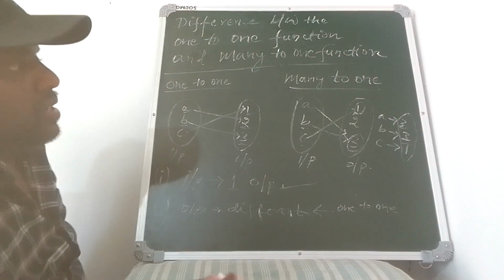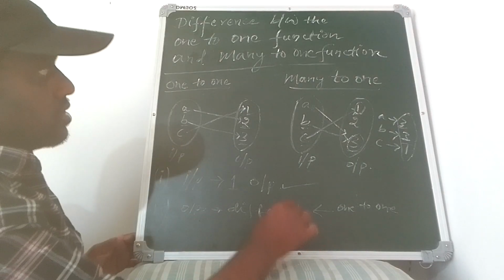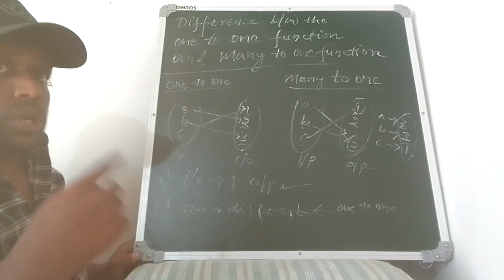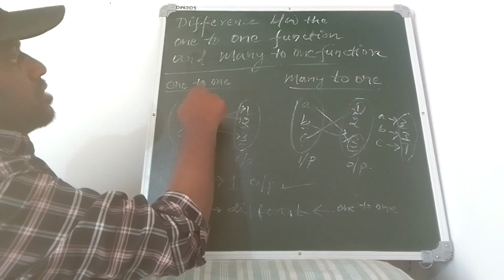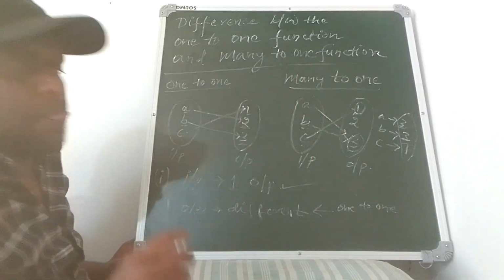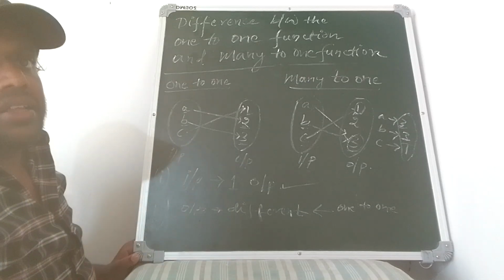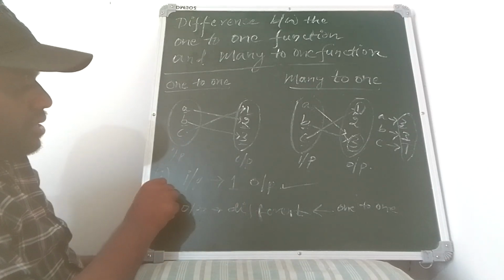You should remember this. Whatever question they ask on the basis of one-to-one and many-to-one functions, to give the correct answer you should know both points, the first point and the second point.